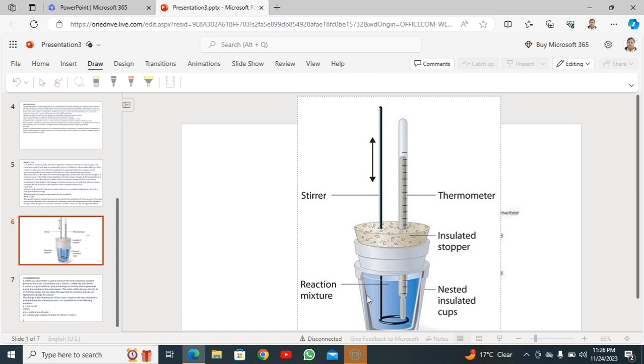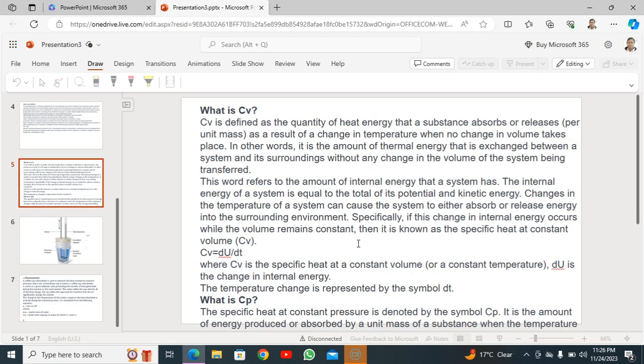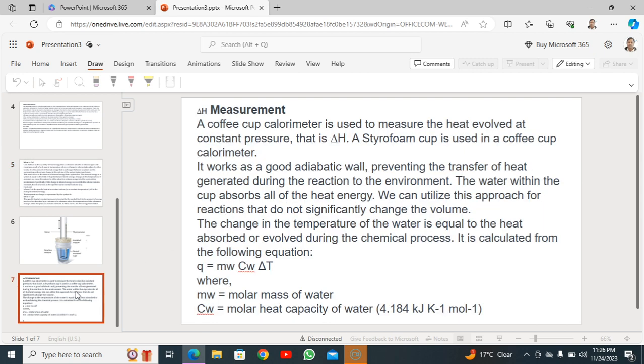An adiabatic wall does not allow heat to flow outside, preventing the transfer of heat generated during the reaction to the environment.